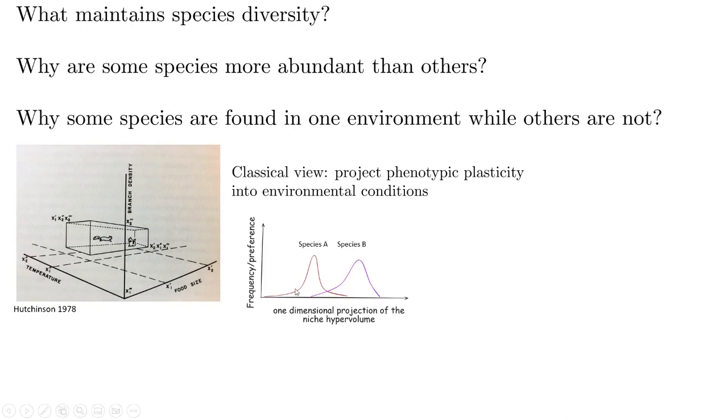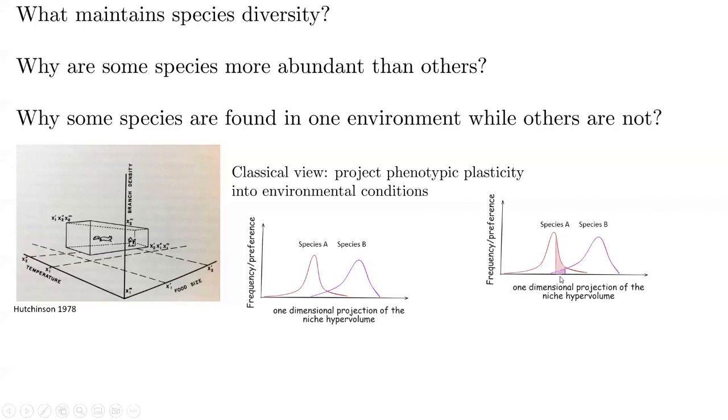Basically each species has this niche. And based on this niche, you can maybe predict what the actual condition is in an environment, and then what the species abundance would be in this environment. So let's say the environment has this condition over here.